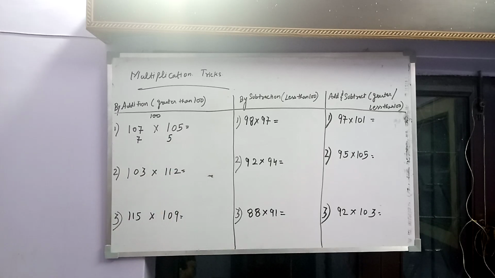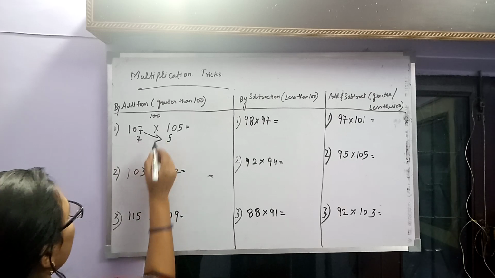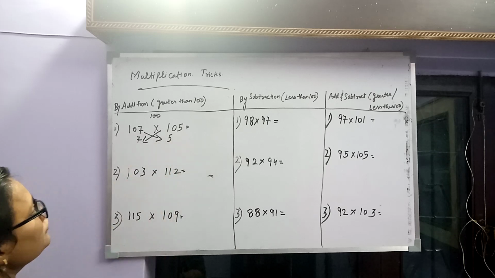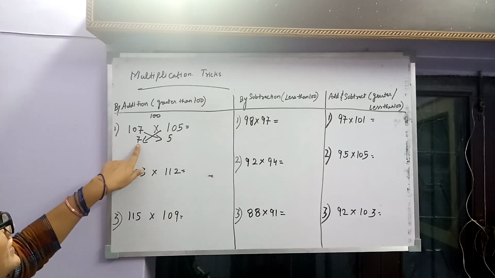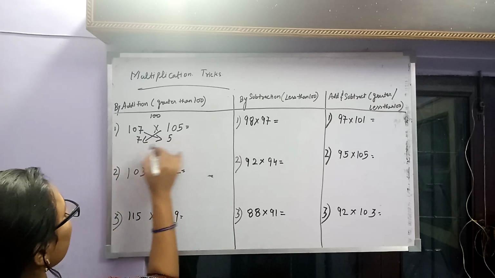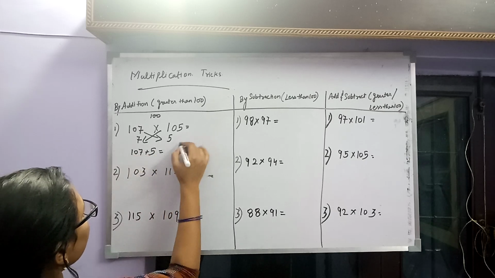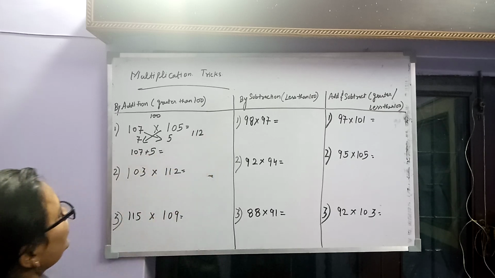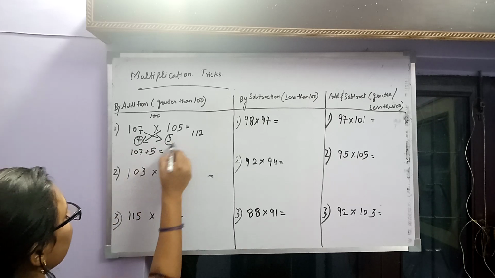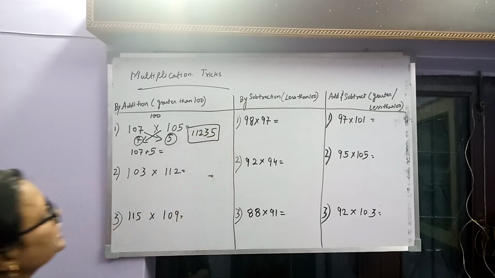Now we add 5 to 107, or add 7 to 105. We can do either. Suppose I am adding 107 plus 5, which gives 112. Next, we multiply these two numbers, 7 and 5, and we get 35. So this is our multiplication.